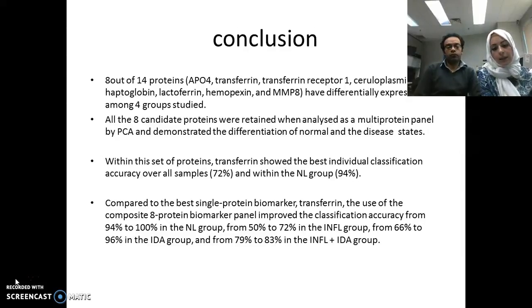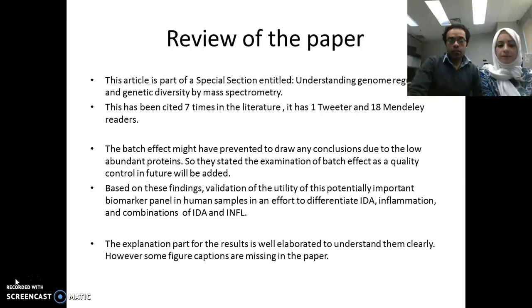Compared to the best single protein biomarker transferrin, the use of the composite 8 protein biomarker panel improved the classification accuracy from 94% to 100% in the NL group, from 50% to 72% in the inflammation group, from 66% to 96% in the IDA group, and from 79% to 83% in the inflammation plus IDA group.